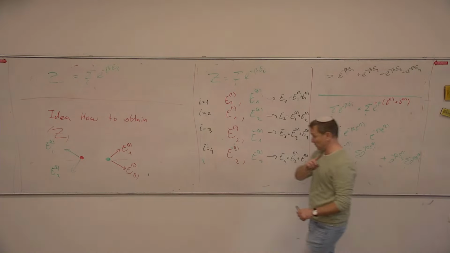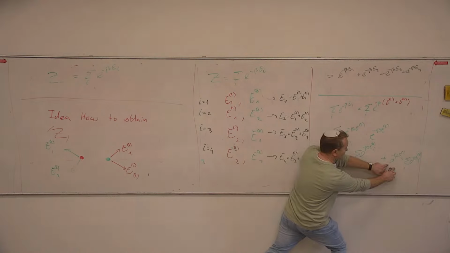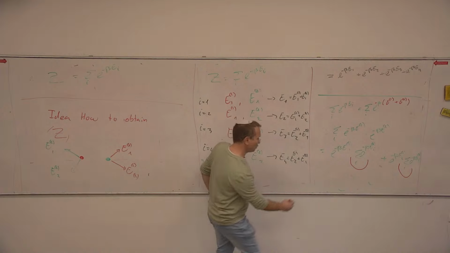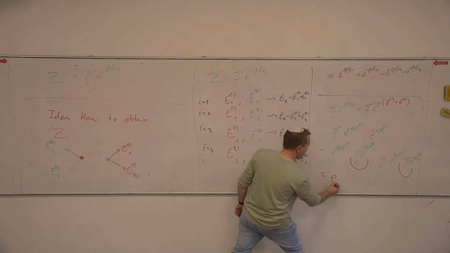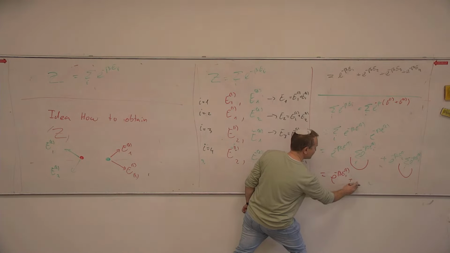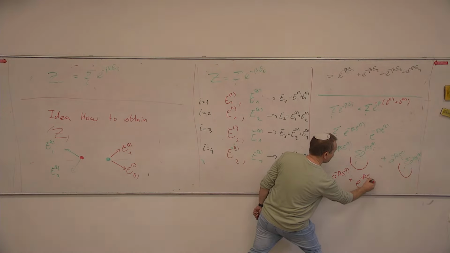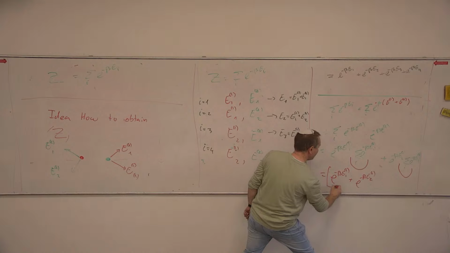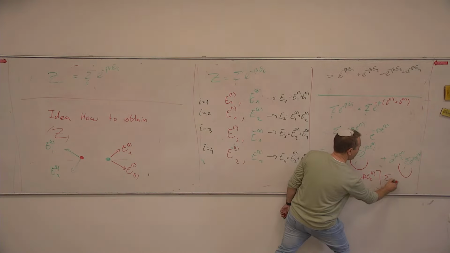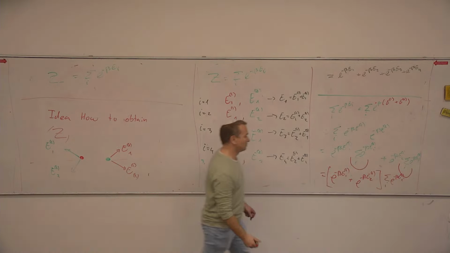Yes, yes. But wait. This term is not that term, but this is exactly like this. So what I obtain is e to the power minus beta E1,1 plus e to the power minus beta E2,1, multiplied by the sum over I of e to the power minus beta E2,I. Right?